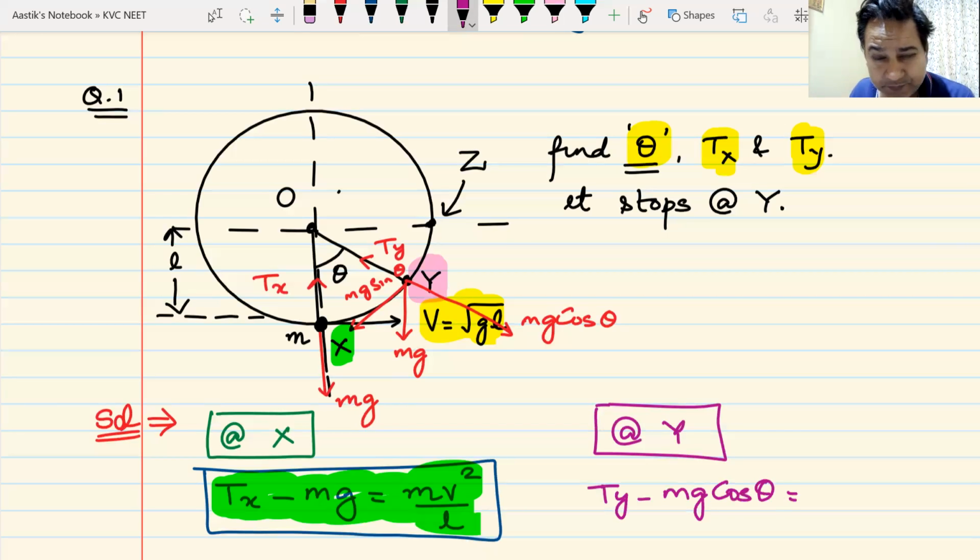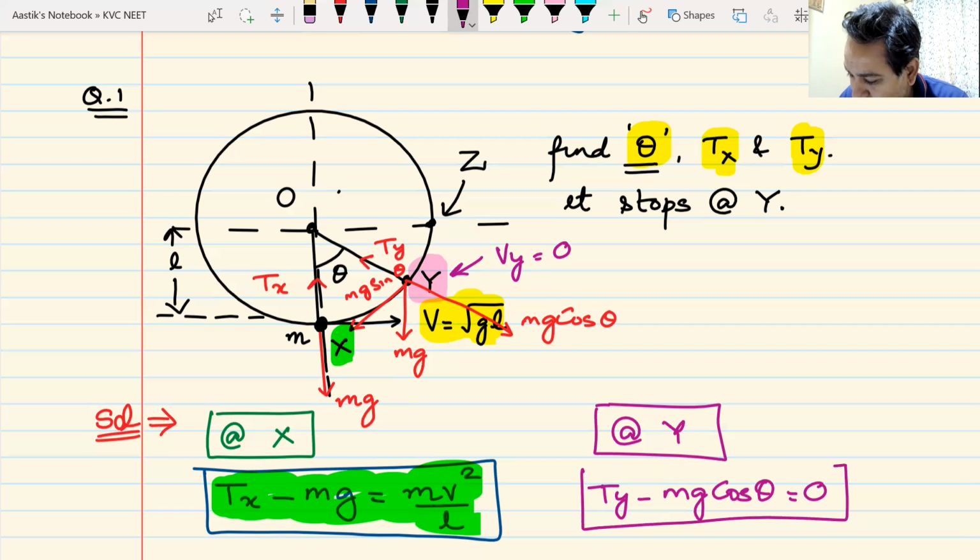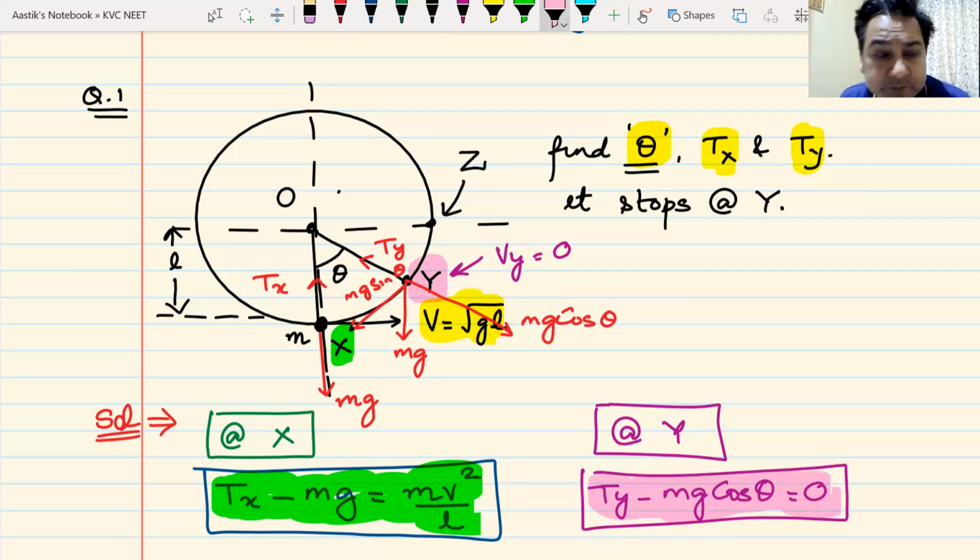Here the velocity at point Y is 0. So m into 0 is 0, so this will be equal to 0. Do we all understand this? No one is going to ask you the tangential acceleration. These are the two equations that we have. Can I have some raise hand that we understand these equations?